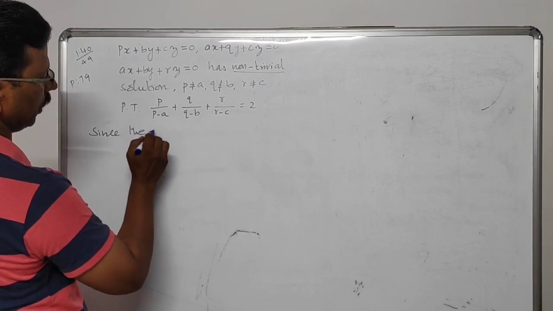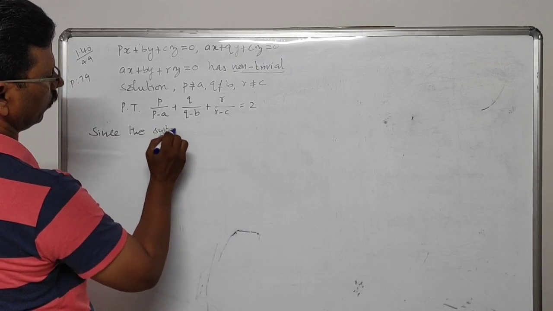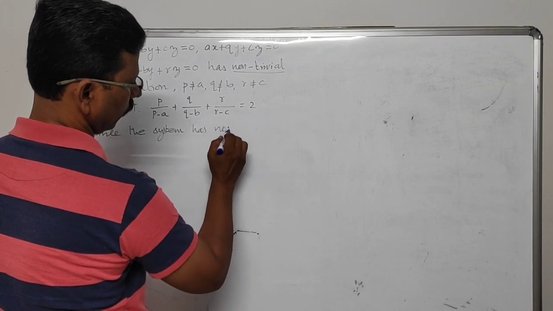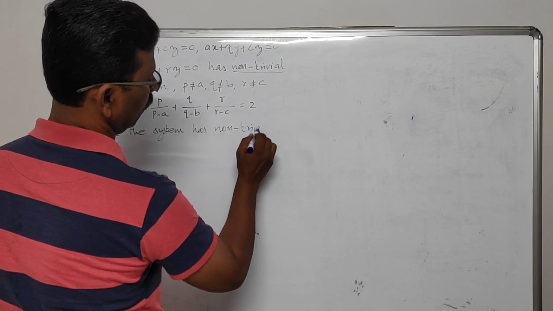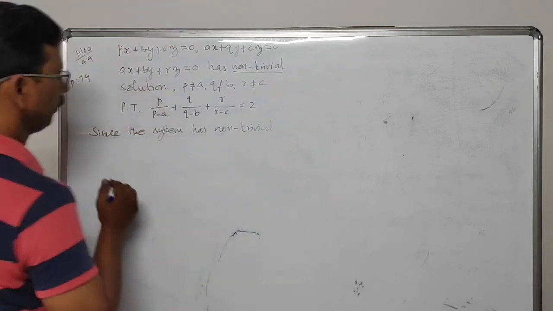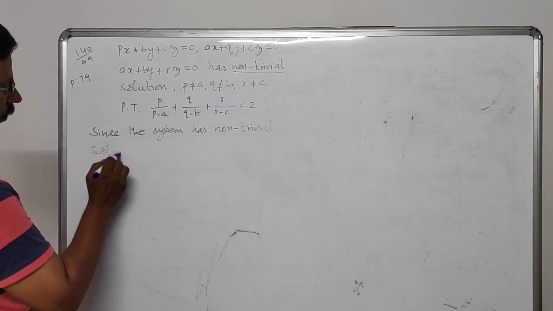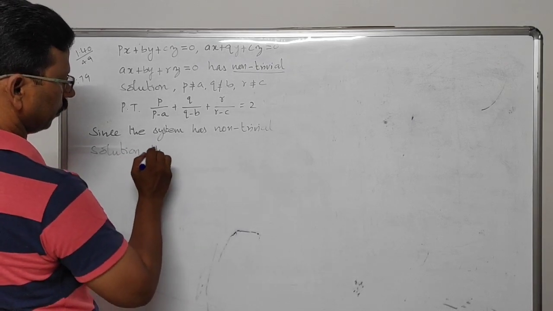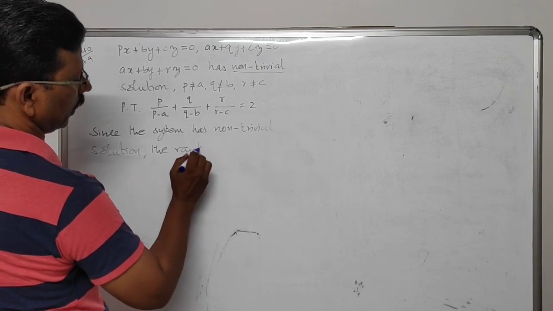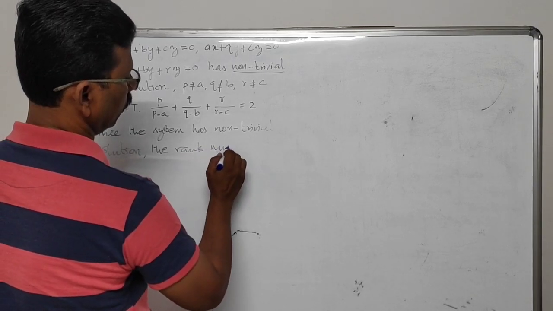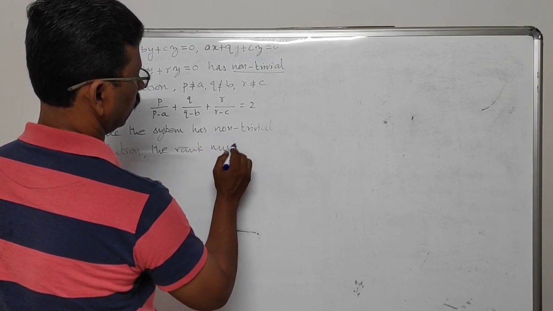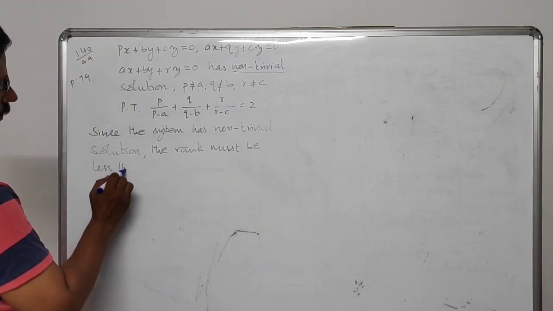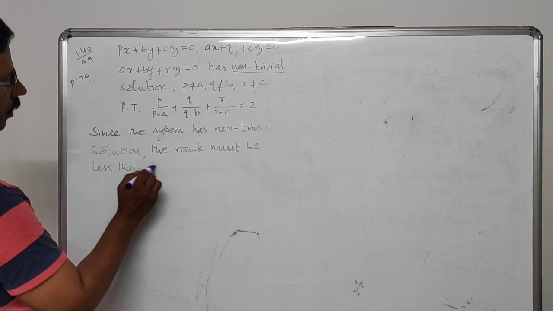Since the system has a non-trivial solution, the rank must be less than 3.